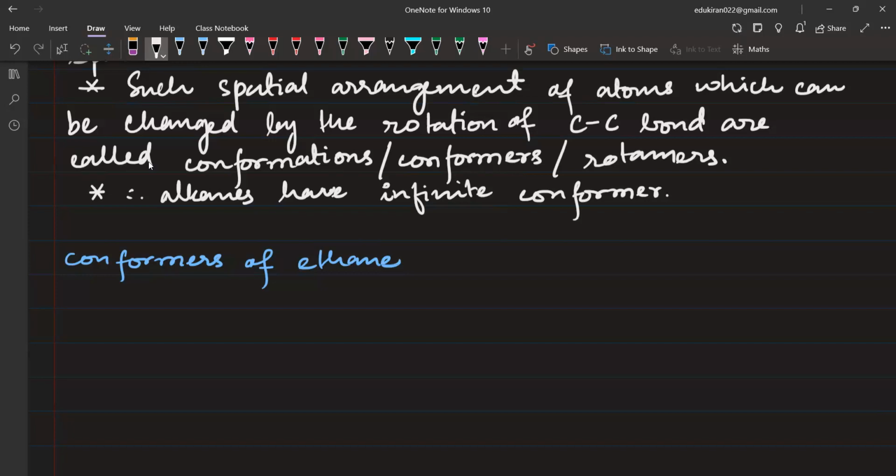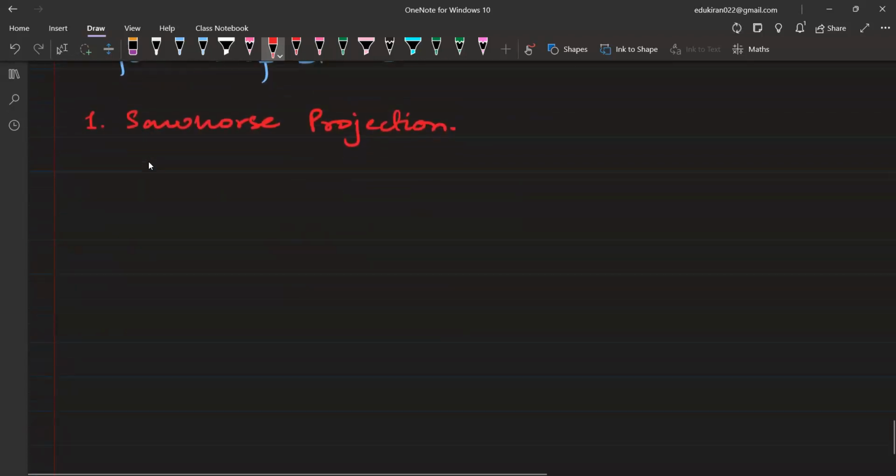So in order to view the conformers, we should have a different way of writing the structure. So for that there are two different ways of projecting it. One is known as sawhorse projection. So please write sawhorse projection. In sawhorse projection, what do we do?